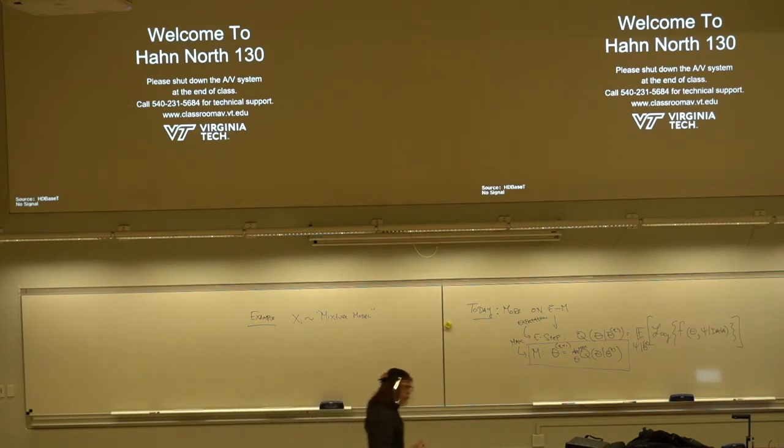So I'll just remind you, one mixture model that we've studied, at least as a homework problem, is the normal scale mixture model. So if I run a mixture over the scale parameter in a normal, and the weights that I put on the scale parameter are gamma, inverse gamma is really what I'm thinking about, then you get a t-distribution.